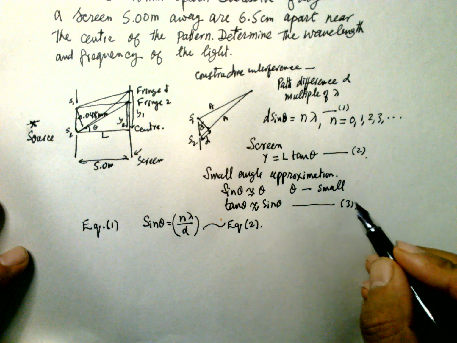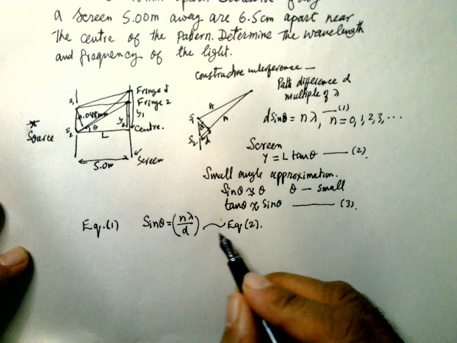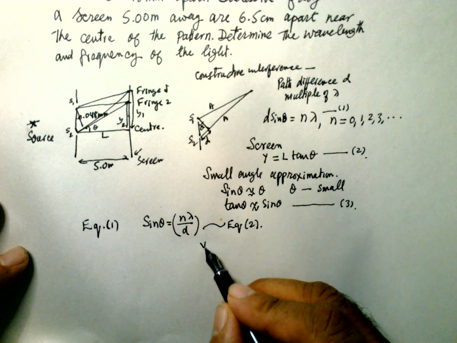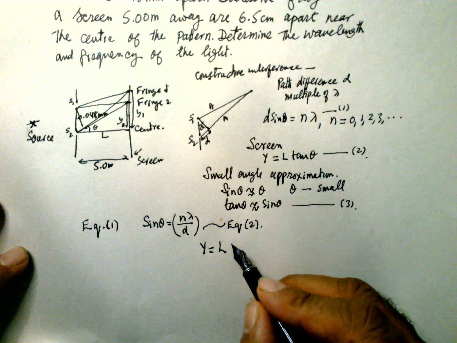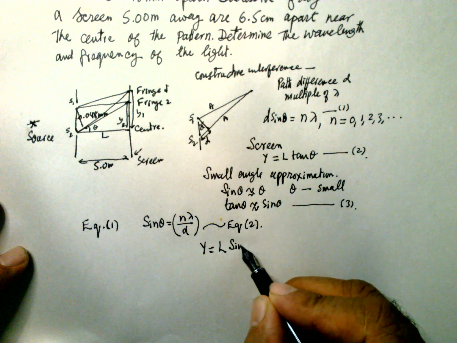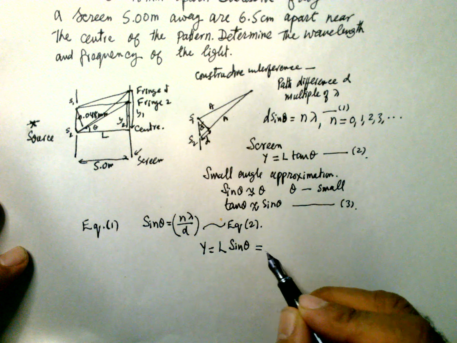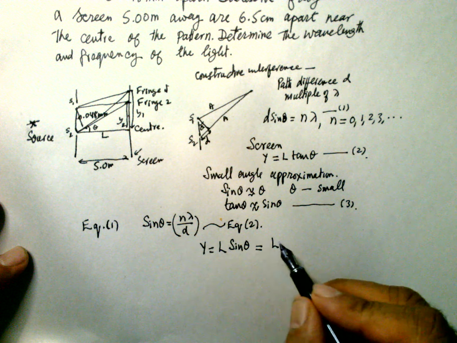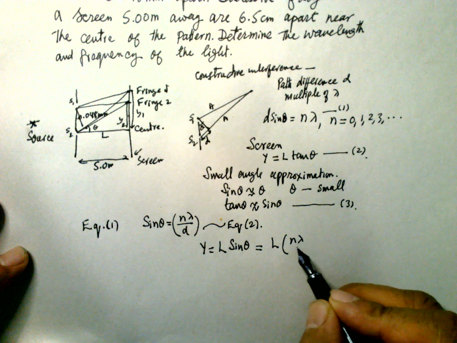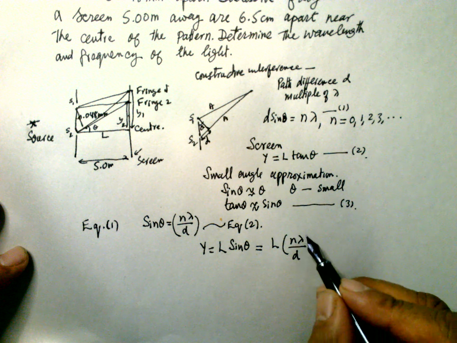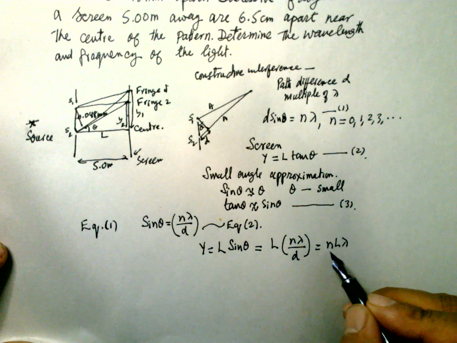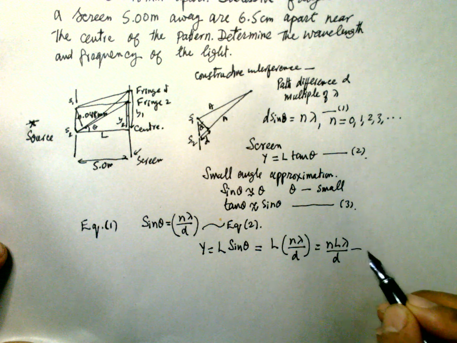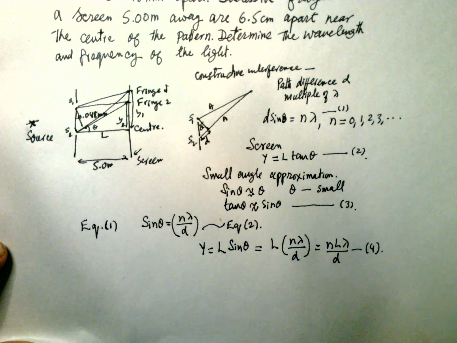So equation 3 and this one: y is equal to L tangent theta, and with the small angle approximation, is equal to L sine theta, which is equal to n lambda over d. So this is equal to n L lambda over d. This is equation 4.